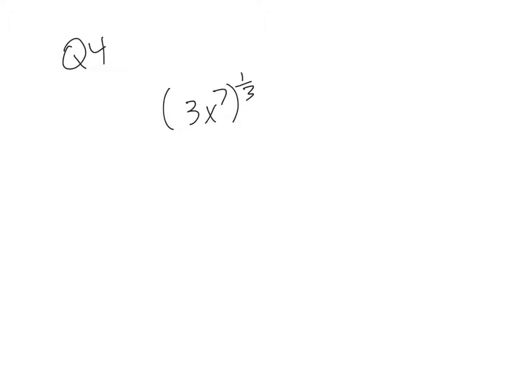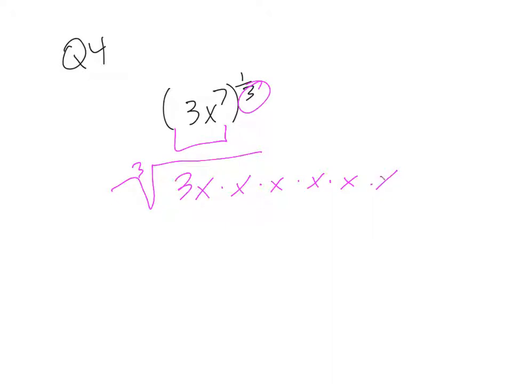This question is almost exactly the same, except it has to the power of 7. So again, we're going to put it in our cubed root because of the 3 here. 3x to the 7th. I'm going to go ahead and expand that 7 out. 1, 2, 3, 4, 5, 6, 7. Again, since it's the cubed root, we have to look for groups of 3 to pull out.